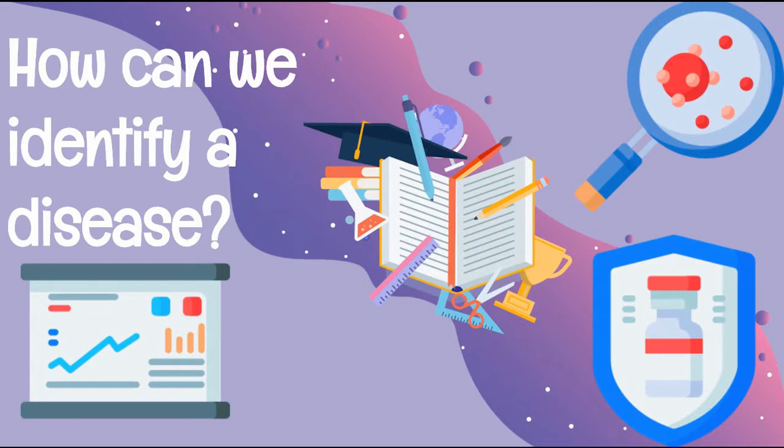So how do we identify a disease? For example, with COVID-19, how can we identify that we are getting it? We can understand it if we have a cough, fever or lung pain. These are the symptoms of COVID-19.